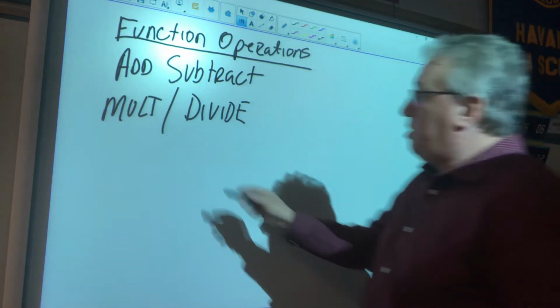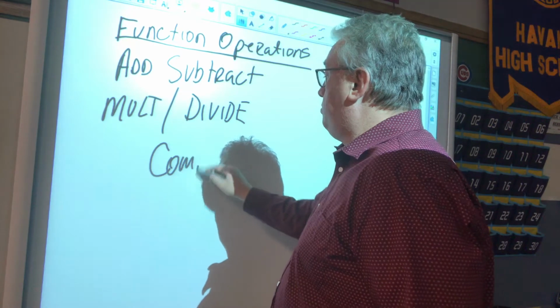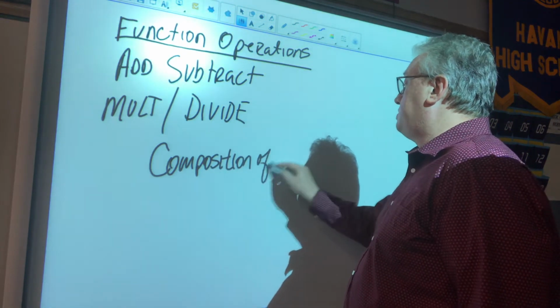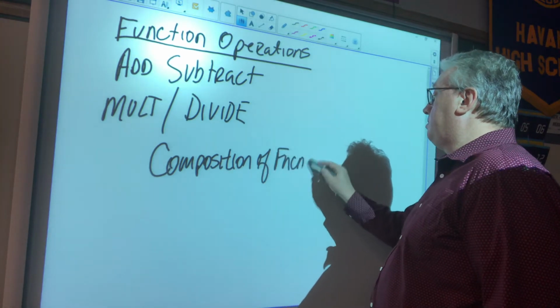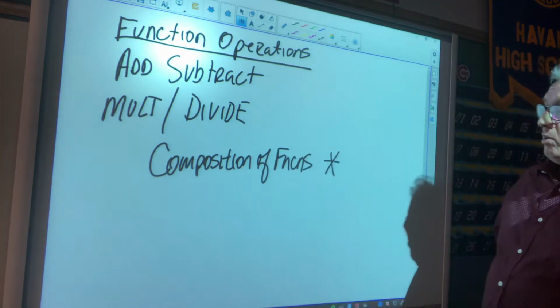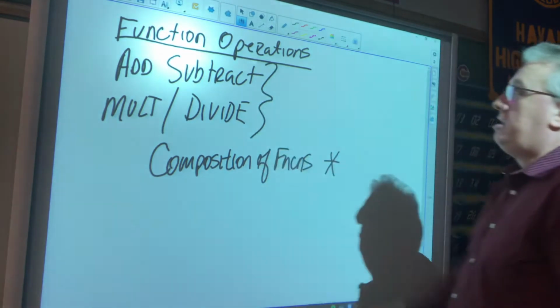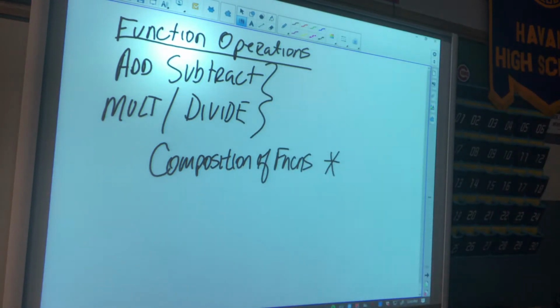Now, we can also do composition of functions. That we're going to talk about in another video. We're going to concentrate on adding, subtracting, multiplying, and dividing functions.